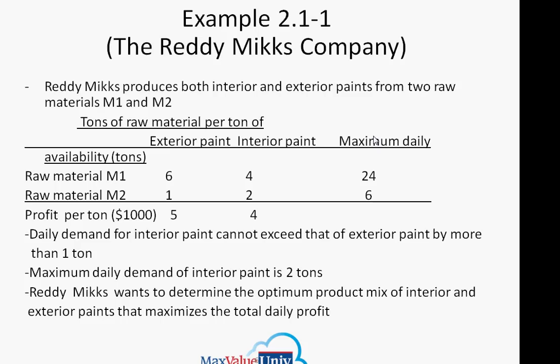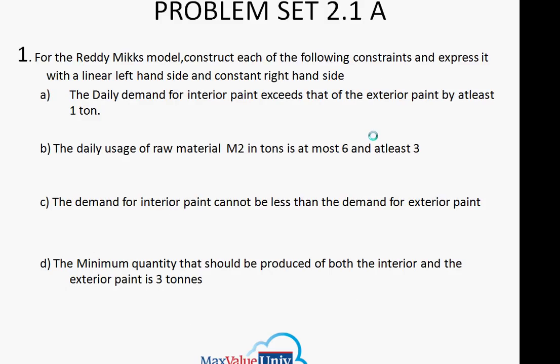And the particular example was they want to determine the optimum product mix of interior and exterior paints that maximizes the total daily profit. Alright, so just keep these numbers at the back of your mind. Let's come back to the problem set.